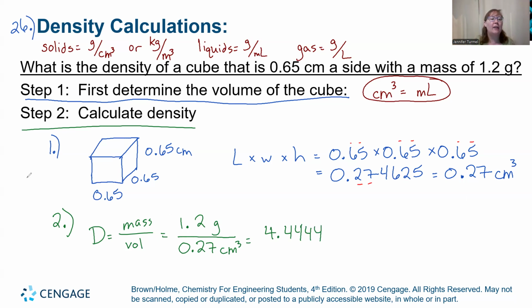Now, we have 2 significant figures here and 2 significant figures here, so we can only have 2 significant figures in our answer. 4 is less than 5, so this rounds down to 4.4, and make sure you include your units of grams per cubic centimeter.